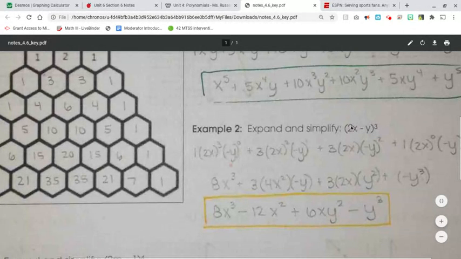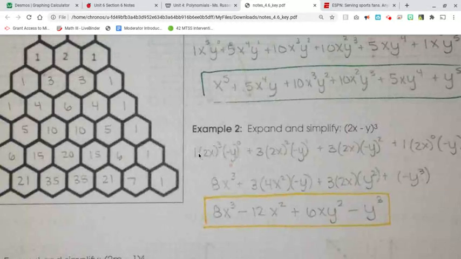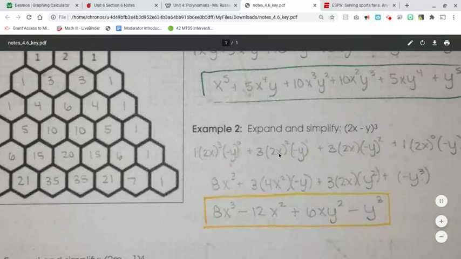So we're going to take the 2x and the negative y, because see the minus there means it's a negative y. So we're going to use the 1, 2x to the 3rd, negative y to 0. Then we're going to use the 3, because that's next in the row, 2x to the 2nd, negative y to the 1st. We're going to use the 3, 2x to the 1st, negative y to the 2nd.